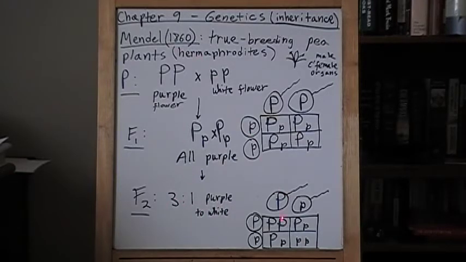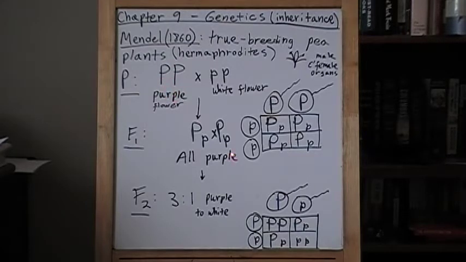From the results of this monohybrid cross, Mendel arrived at his first law, called the law of segregation. It says that there are two copies of each gene and they separate, or segregate, during meiosis.